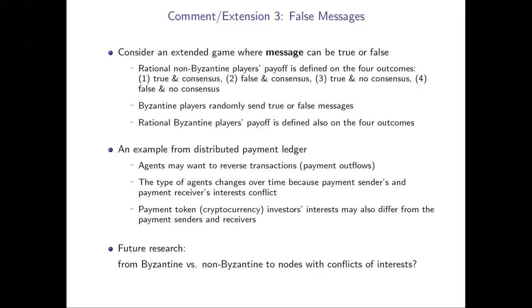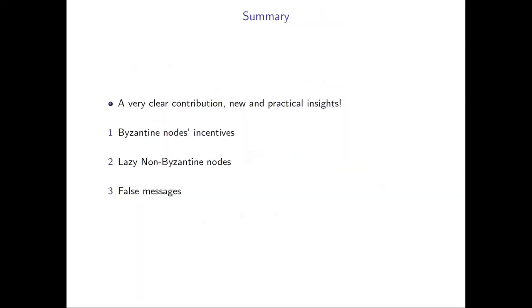We can label them as Byzantine players, non-Byzantine players. We can label them as honest, dishonest. We can label them as players who follow prescribed rules and discretionary players who just make rational decisions, right? But what is important is that these players have conflicts of interest. And under this more general context, how do we design a consensus protocol? But this paper certainly is guiding us towards this direction.